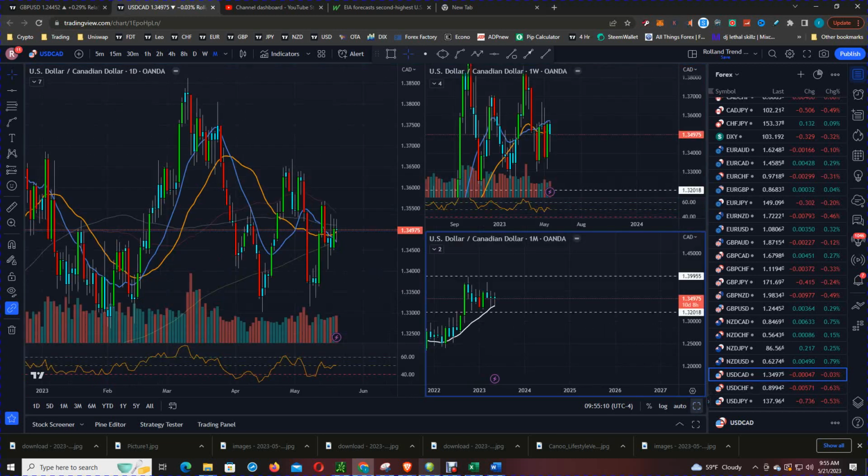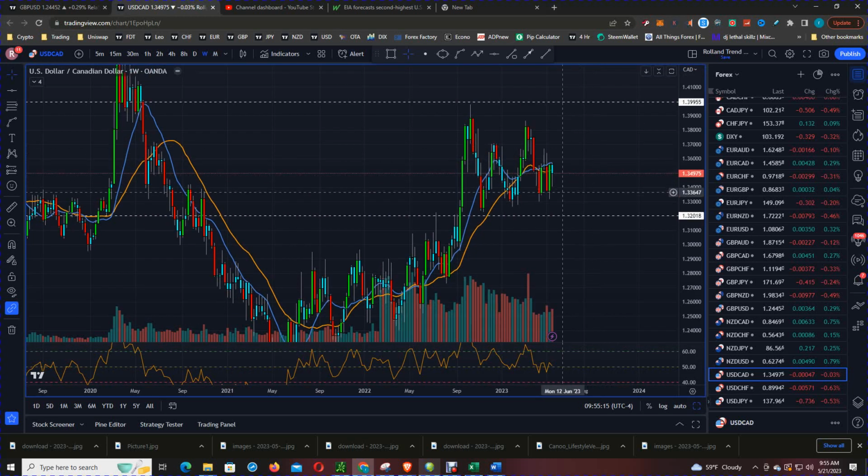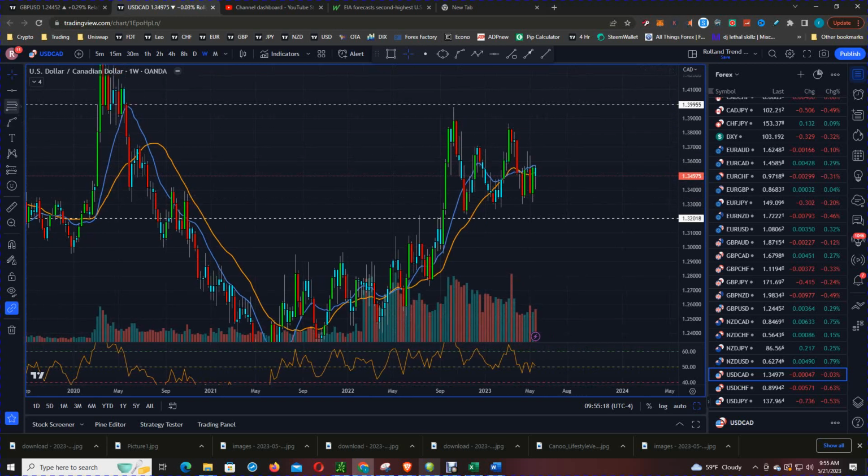All right, let's go down to the weekly chart. And we have buyers defending the 1.33 level.